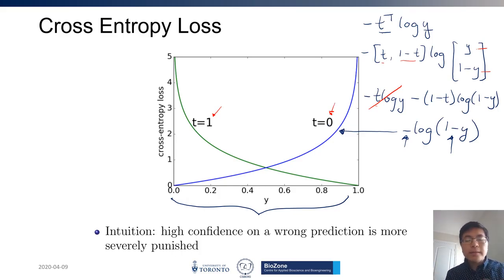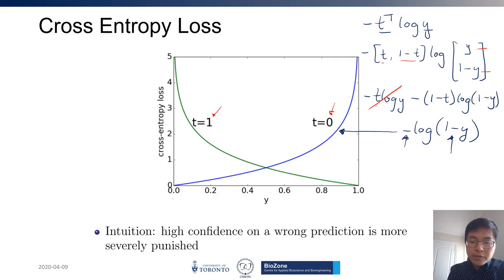Why do we desire such a loss function? What loss function you choose seems arbitrary, but there's actually a probabilistic background and rationale as to why this is a great loss function to use. But let's look at it slightly more intuitively.